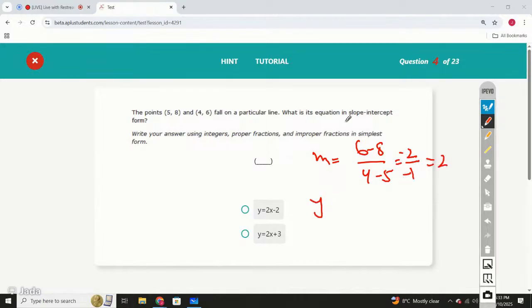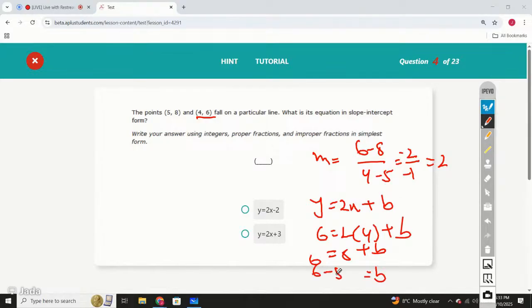So for slope intercept form, y equals mx plus b, we need to calculate the b using these points. We can use any of the points and calculate the b. I'm going to use the second one. 6 is equal to 2 times 4 plus b. 6 is equal to 8 plus b.